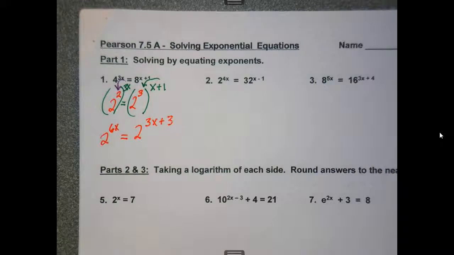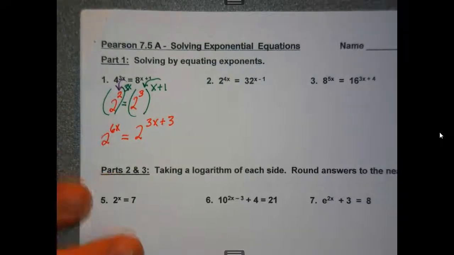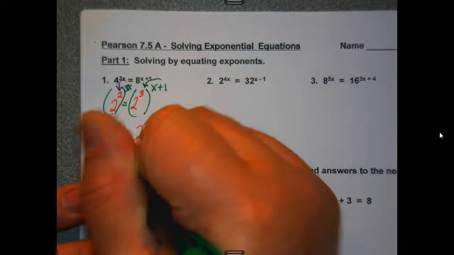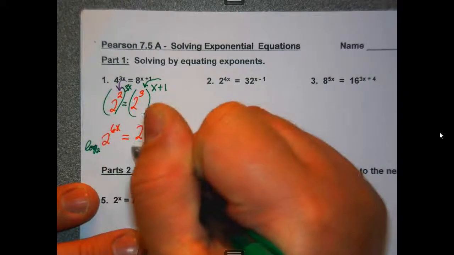Okay, now what? Now what happens here? Now I can get rid of the base 2, right? Just take what undoes logs. Does it matter which log I take? Log base 2 of both sides, right?